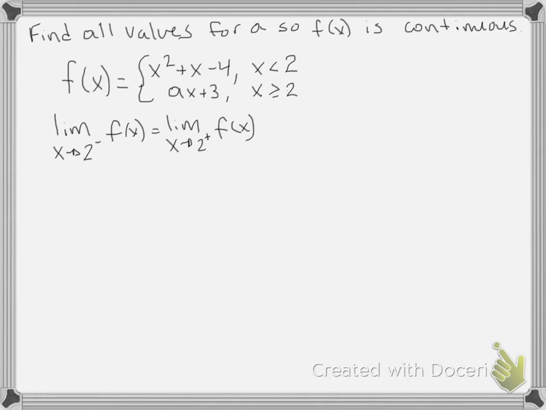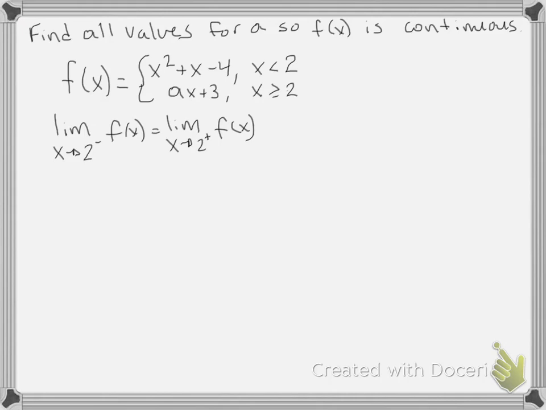So, to figure out the limit as x approaches 2 from the left, we look at our function. Our function says f of x equals x squared plus x minus 4 when x is less than 2. What that means is if I'm doing the limit as x approaches 2 from the left, I'm plugging in numbers a little bit less than 2, 1.95, 1.96, 1.97, and I'm looking at that pattern in the table, looking at the y values.